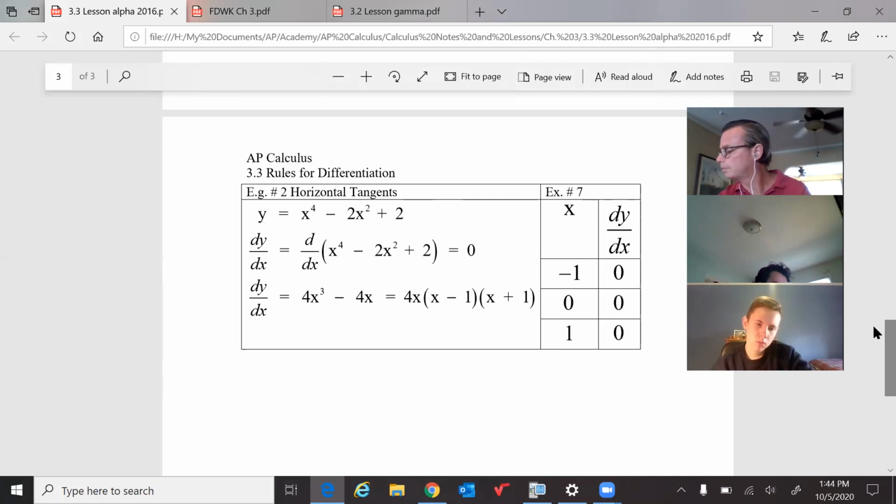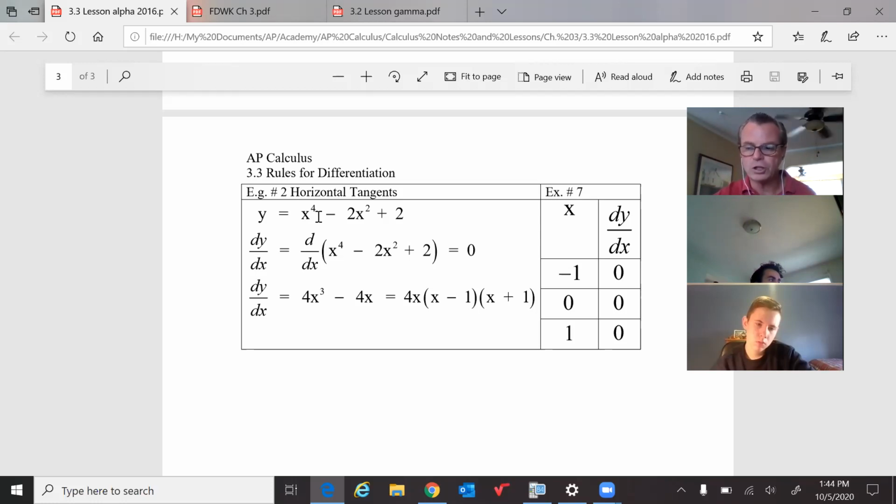Example 2. So we're on page 118. Example 2, you have this 4th degree, so the derivative is going to be 3rd degree. And they're asking, does the curve have horizontal tangents? Now think about this.